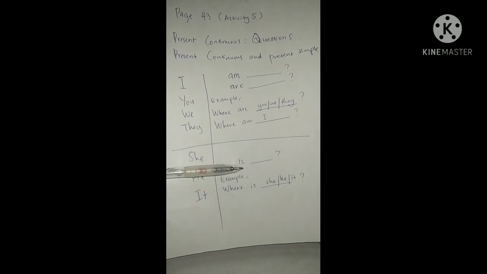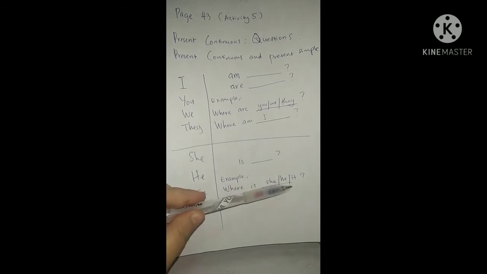Just start with is when you make questions. If there's a WH question, you must put the WH question first and then followed by the verb to be is, and then pronoun she, he, it. For example, where is she, where is he, and where is it?